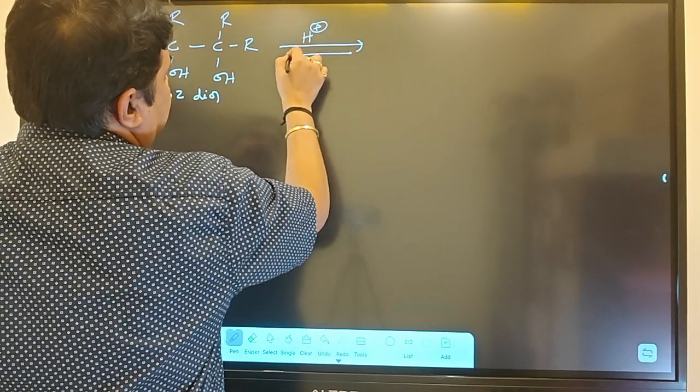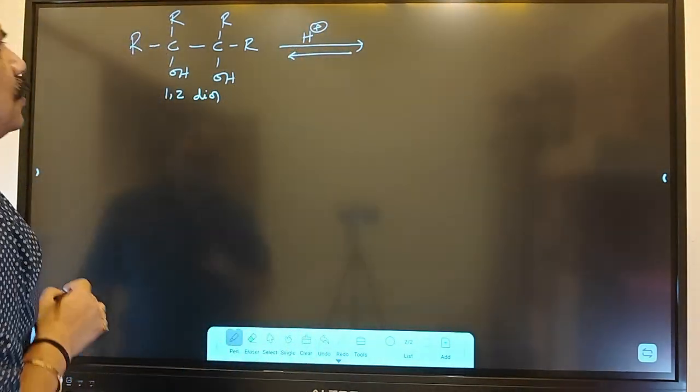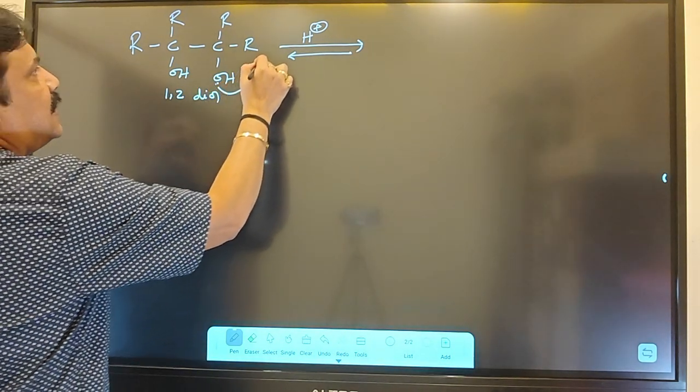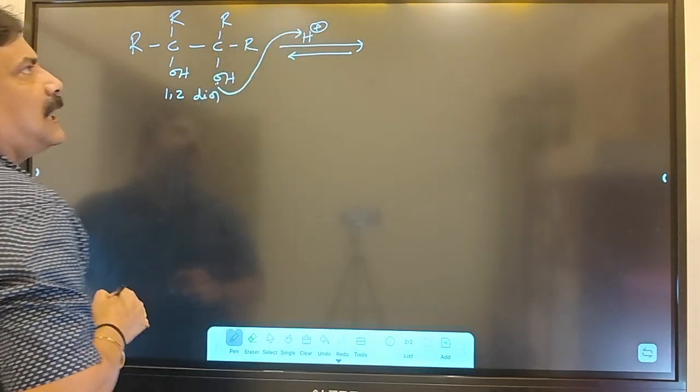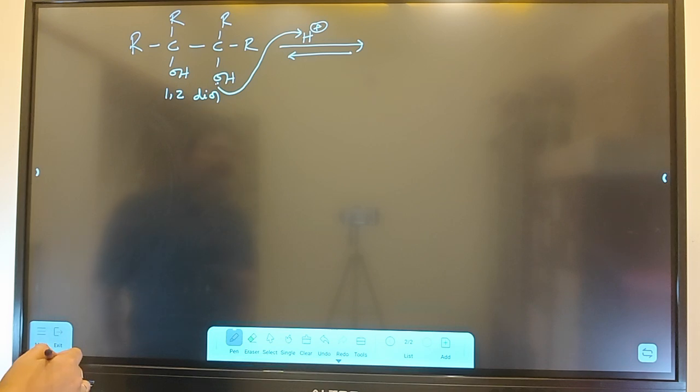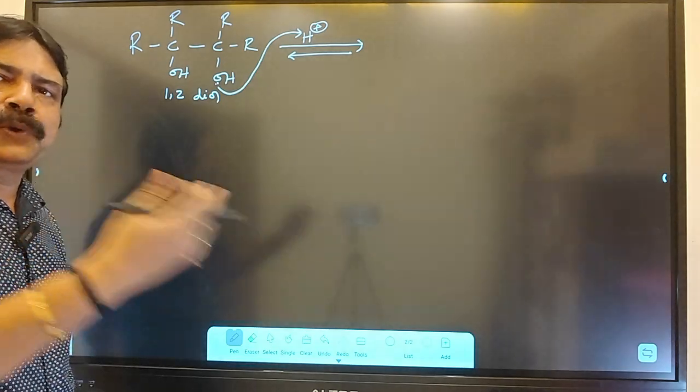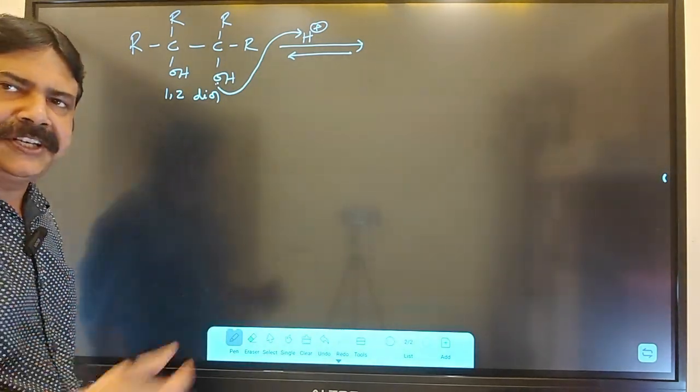This is a reversible reaction, my dear. So now the lone pair of oxygen will act as a nucleophile. H plus will act as an electrophile, and the lone pair will donate electrons, and one of the OH groups will be in protonated form, alcohol to protonated alcohol.